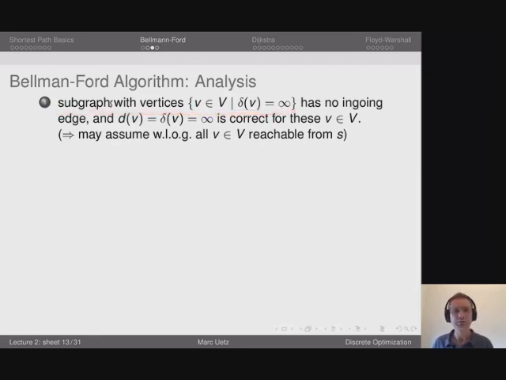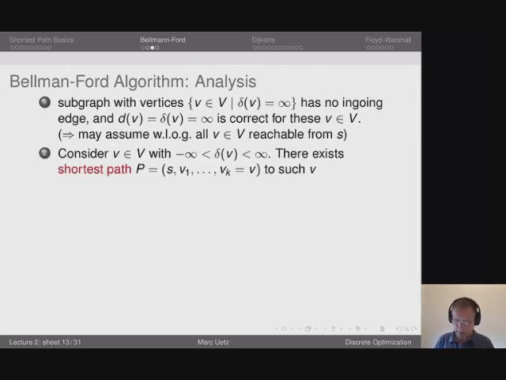Such subgraphs have no ingoing edge looking from S, and therefore the distance labels will remain at plus infinity, and that is also the correct value. Okay, so from here on, we may as well assume that all the vertices are actually reachable from the start vertex S.